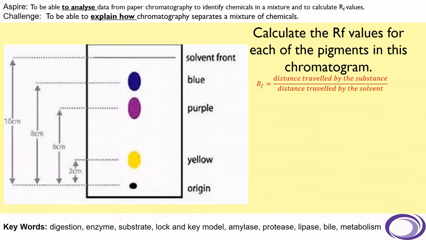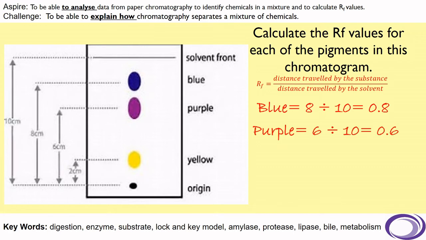So you should have, for blue, the RF value is 0.8. For purple, it's 0.6. And for yellow, it's 0.2. Let's have a go at one more.